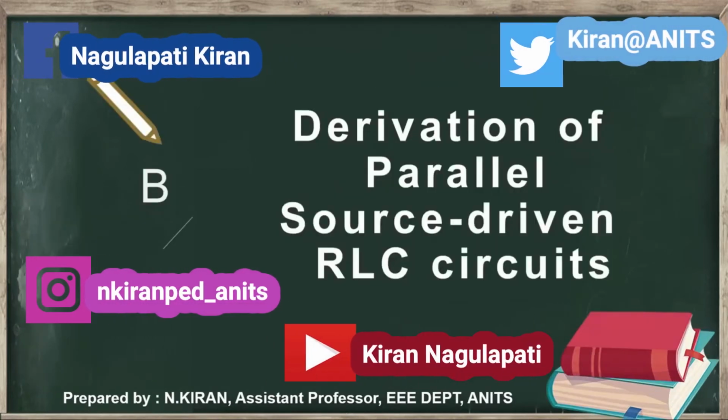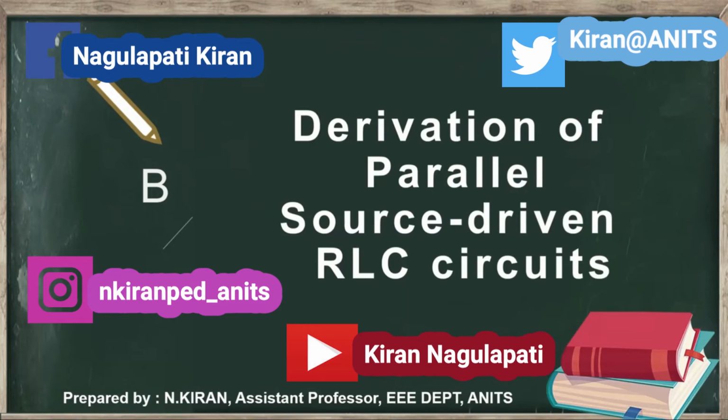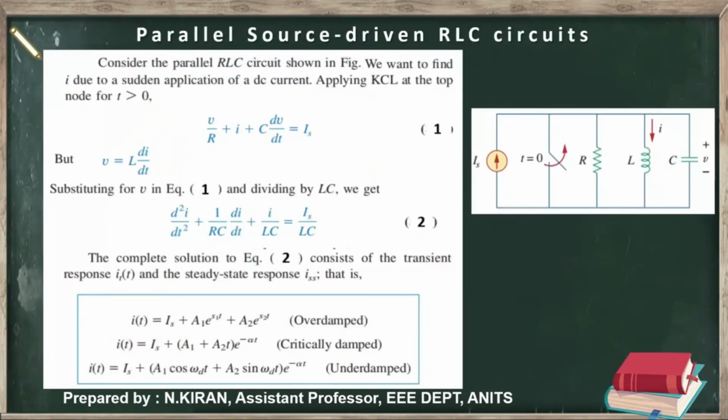Derivation of parallel source driven RLC circuits. Let us consider a parallel RLC circuit which is excited by a current source Is. On applying KCL to the node, we can write V by R plus I plus C into dV by dt is equal to Is, where I is the current flowing through the inductor, V by R is the current flowing through the resistor, and C into dV by dt is the current flowing through the capacitor.